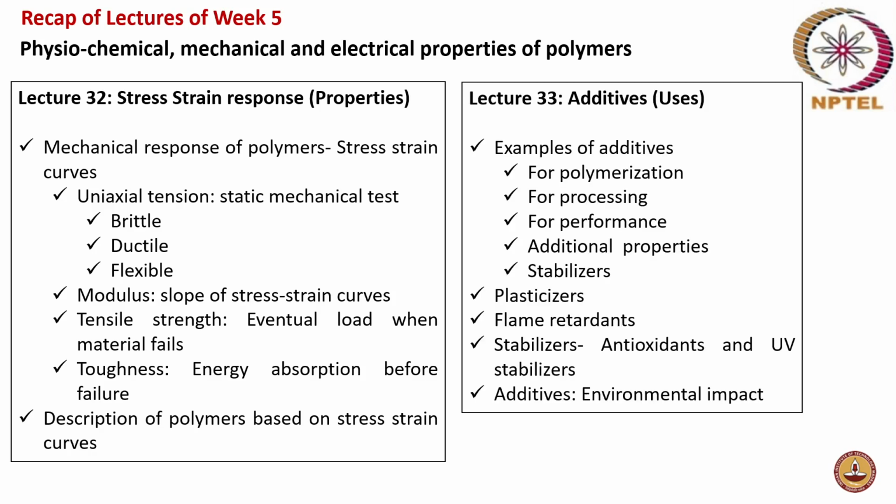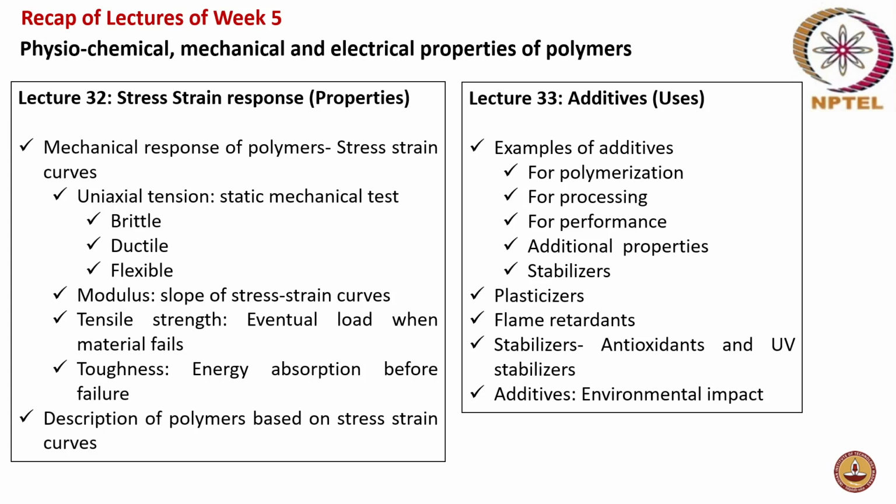Next lecture was on additives basically. So what are the additives? There can be additives which are added for the polymerization process to happen. And then something can be done for processing. For example, for having a flexible system during processing, you may add some plasticizer so that you are able to bend and twist the polymers. So for performance also, certain additives can be added, and some for stabilization.